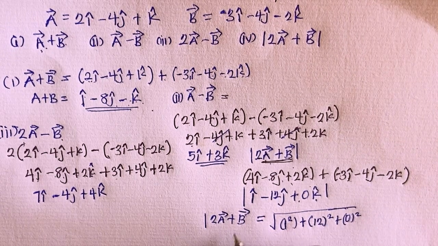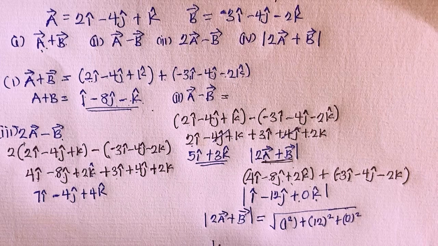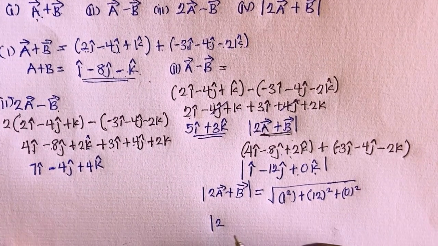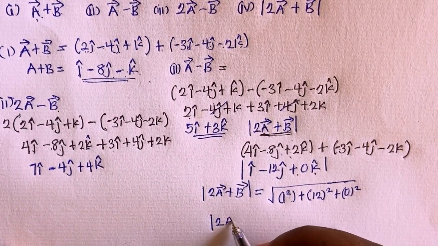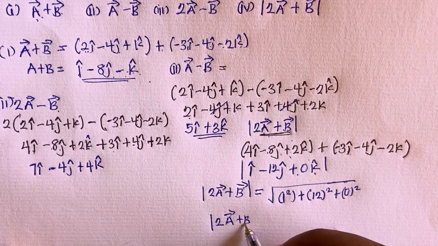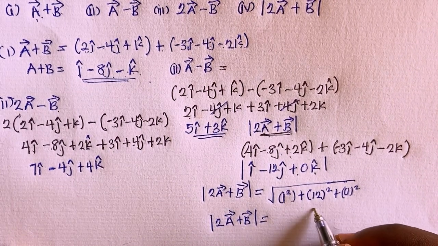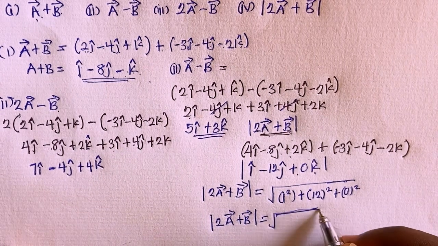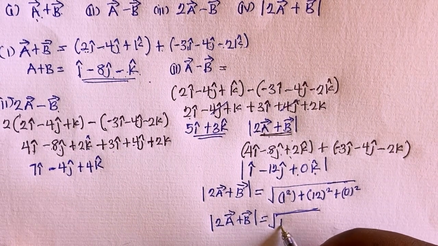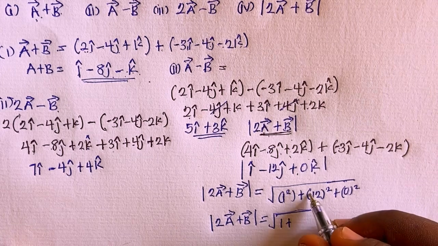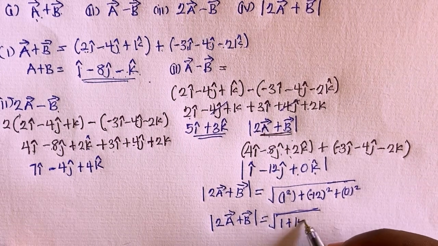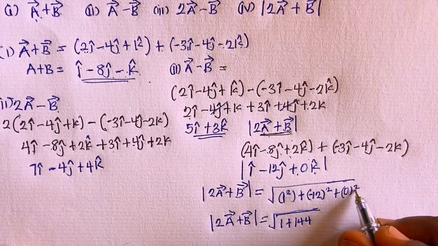That is the root of 1 plus 144, and 0 squared is actually 0.